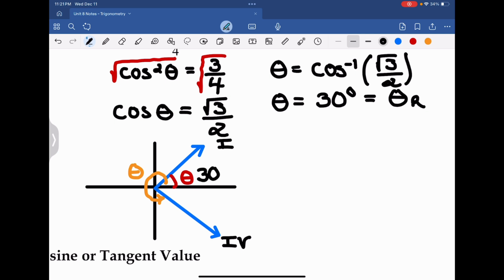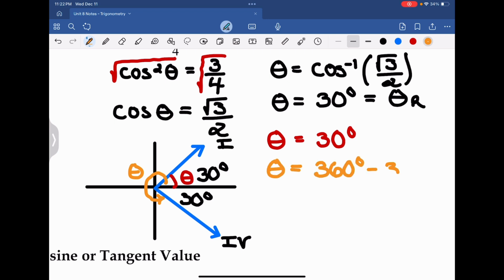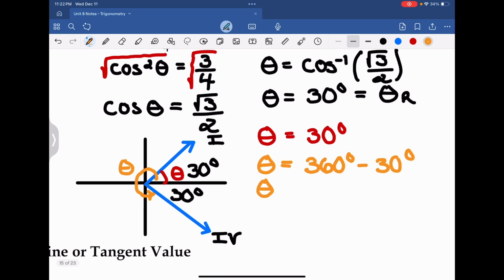Really good thing about this, though, is that if this is 30 degrees and this is 30 degrees, then one of our angles is actually solved for already. We know that the red angle, which is equal to our reference angle, is 30. The other angle that we're going to be looking for is the orange angle, which means we take 360, a full circle, and subtract away the reference, which is 30. This is going to give us a theta value.